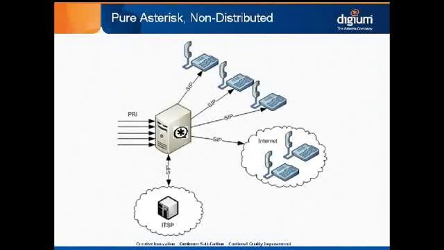So here's kind of the opposite of what we're looking at, which is pretty much a pure Asterisk, but still a non-distributed system. We have our ITSP, which is our Internet Telephony Service Provider. We're taking calls in, sending calls out over a cheaper connection. We have our PRI as either a redundant system, or maybe it's a transition phase, or maybe we just need to have the PRIs.